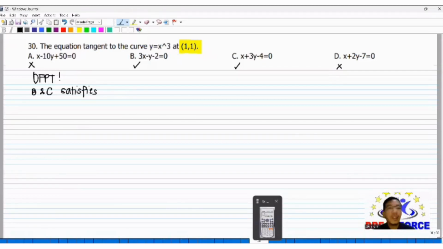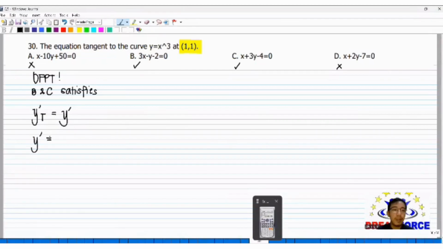Okay. So ganito na lang yung gawin natin. Since letter B and C ang nag-satisfy, check na lang natin kung kanino yung mag-i-equal ang slope. Okay, bakit? Ang slope po natin for tangent line is equal to the normal slope of that line given that point. So hanapin lang natin yung slope nung curve.